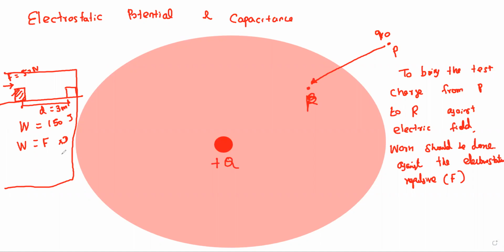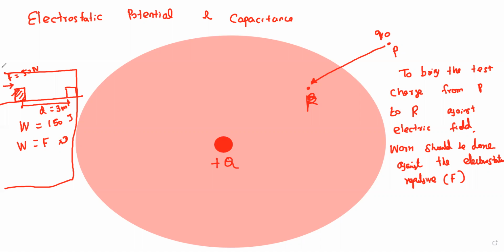Now here also we have to experience a force, but here we are applying a push. To push the object, we do some work, that is F into how much distance, D. The same way here, we didn't give any force, but there is an opposing force towards the charge Q0.